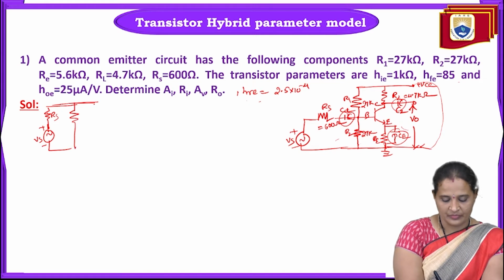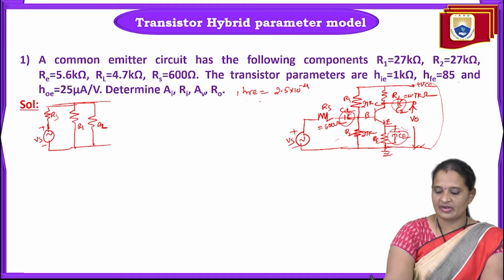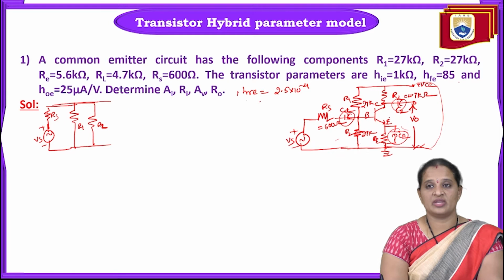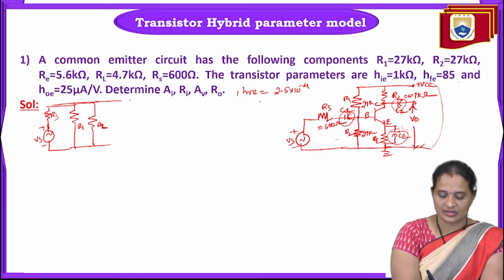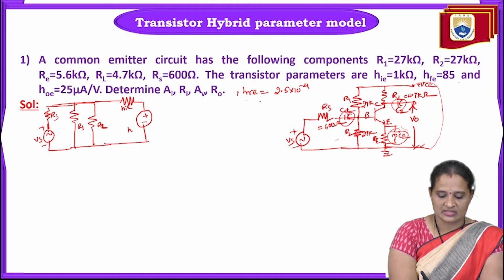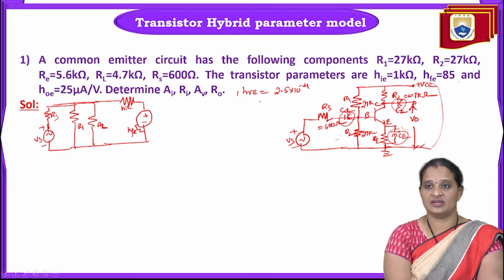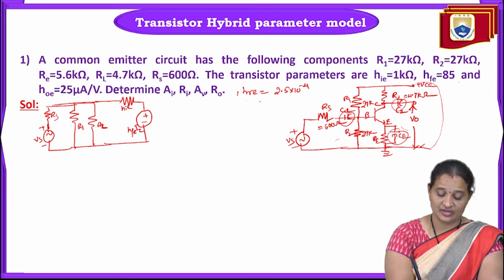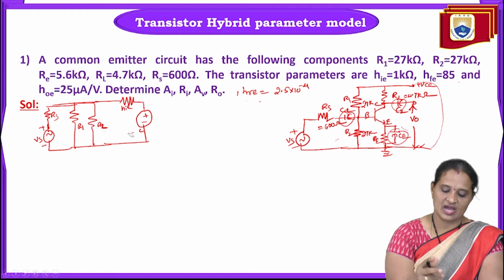Then we have a transistor, right? The transistor should be replaced with its H parameter equivalent circuit. At the input side, we have HIE and a voltage source, whose magnitude is HRE into VC. We need to remember this one.